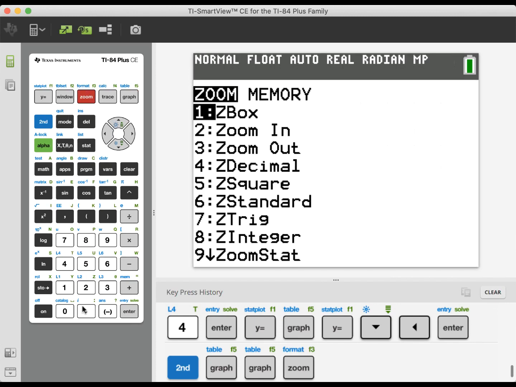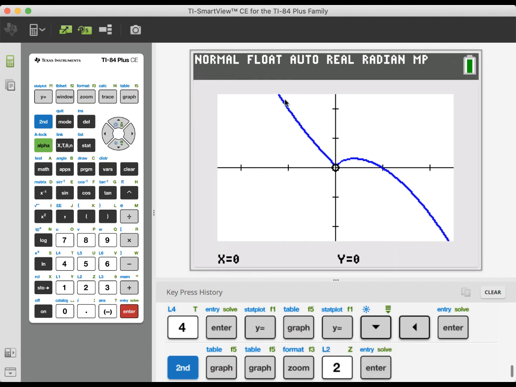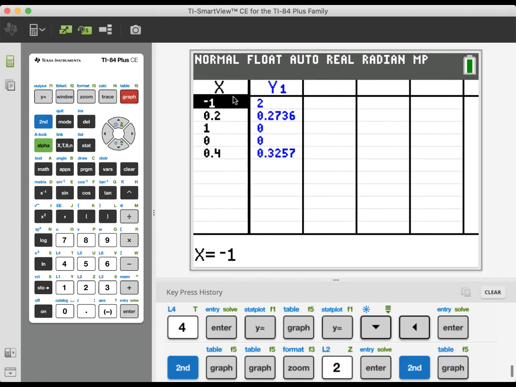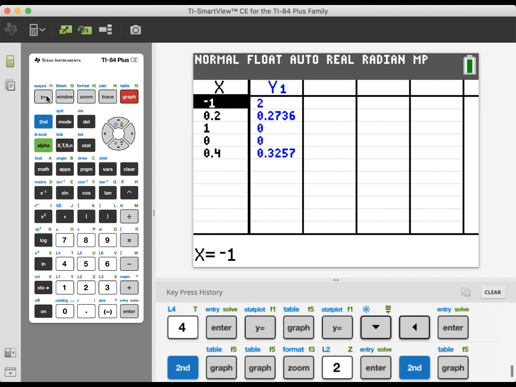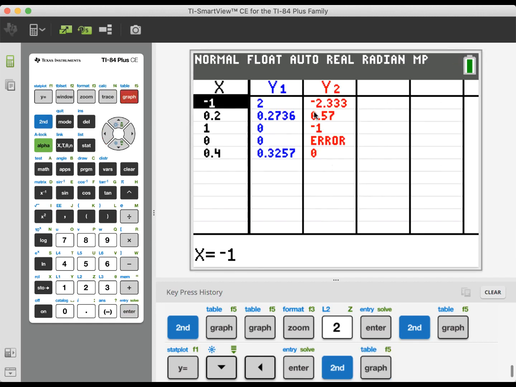Notice that if I zoom in, it's a little bit easier to see. Notice we have a sharp edge happening there, and then it's going down that way. Now notice that there's a maximum value there. Now, going to the table, I still have it on ask. So at -1, oops, let me turn the y2 on now. At -1, the y2 value, which is the derivative value, is -2.333, or -2 1/3, basically.